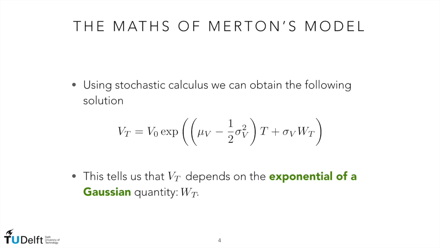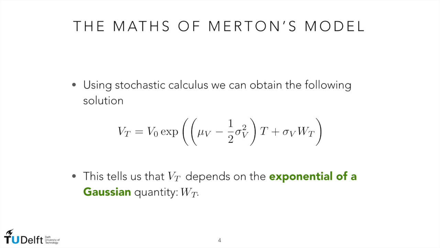Solving the stochastic differential equation, we discover that Vt is a log-normally distributed random variable. In fact, it is the exponential of a normal, represented by Wt. Notice that all the other quantities are just deterministic amounts, nothing more than numbers. On the course platform, I am uploading my lecture notes in stochastic calculus.